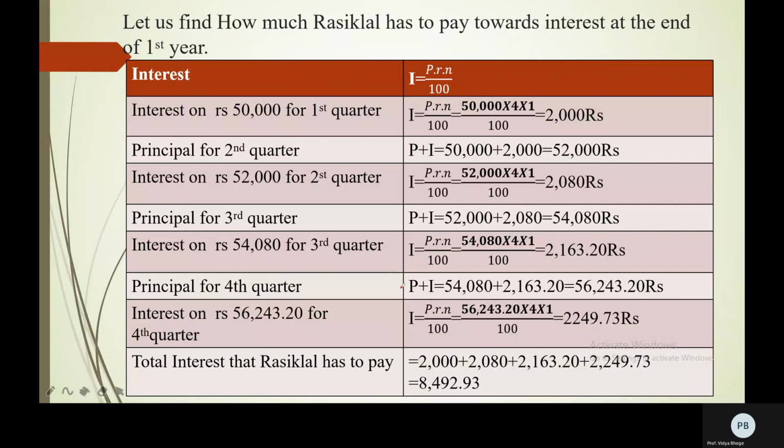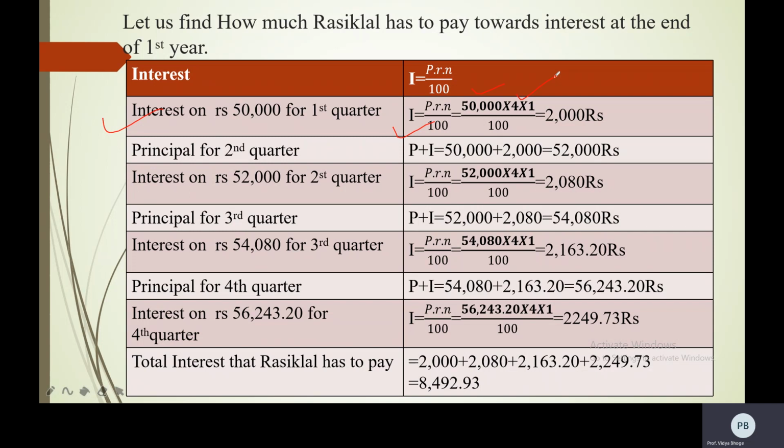Firstly, we have to calculate on rupees 50,000 for the first quarter. How to calculate Rasiklal's interest on P? I is equal to PRN upon 100. P means the principal amount, which is 50,000. R is what? Rasiklal has to pay quarterly interest, so we take R is equal to 4.